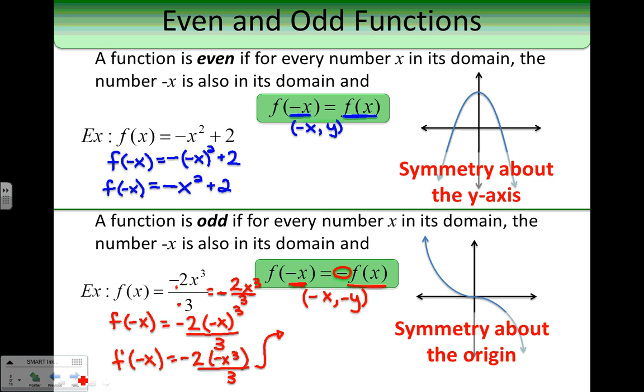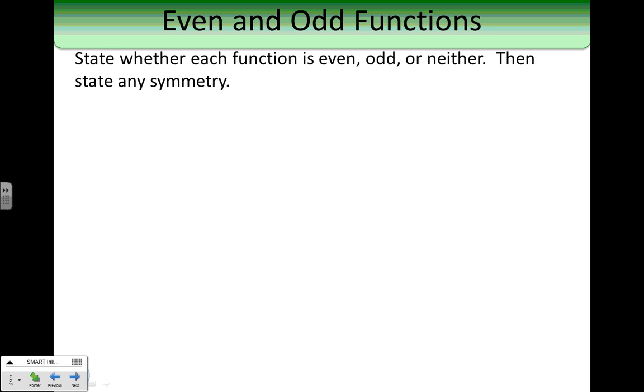Negative 2 times negative x cubed, a negative times a negative, means we're going to get a positive 2x cubed over 3. So since my original function was negative, and now my new function, when I plugged in negative x, is positive, that means they're opposite of each other, which makes this an odd function. Let's do a few more examples.